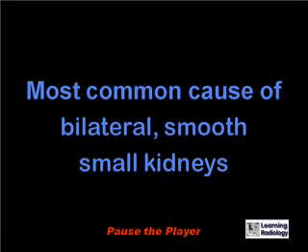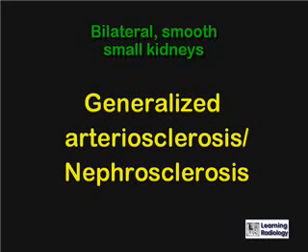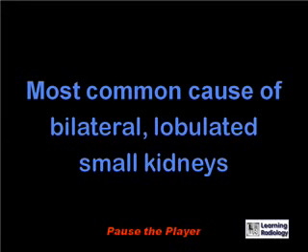What is the most common cause of bilateral, smoothly marginated, small kidneys? Generalized arteriosclerosis, nephrosclerosis. What is the most common cause of bilateral, lobulated, small kidneys?